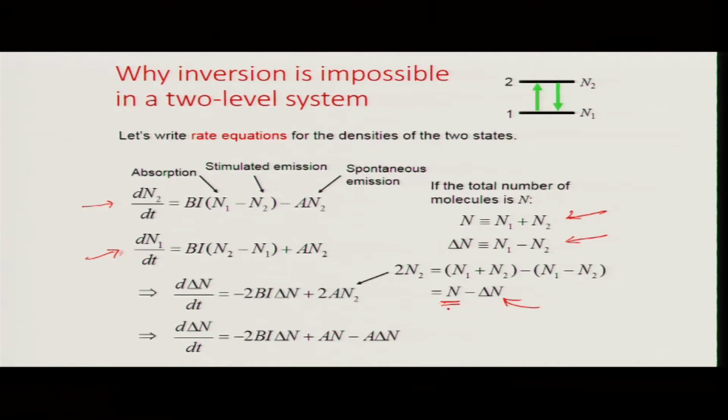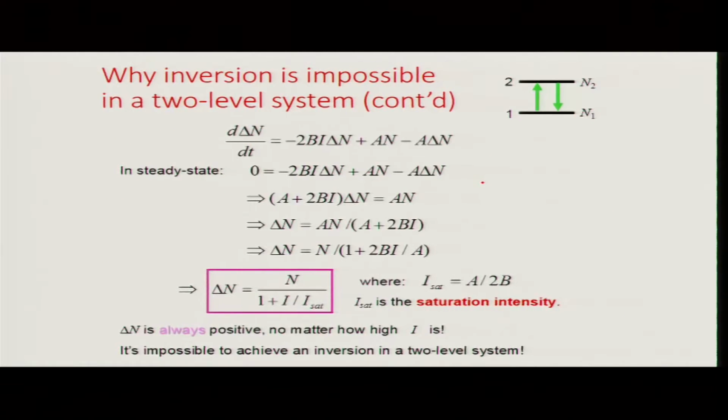If we rewrite the expression in this form, we finally get to an expression, and at steady state the rate of change would become equal to 0, because whatever goes to the excited and the ground state will balance out. In that case we get delta n equal to the total number over 1 plus I over I saturation.